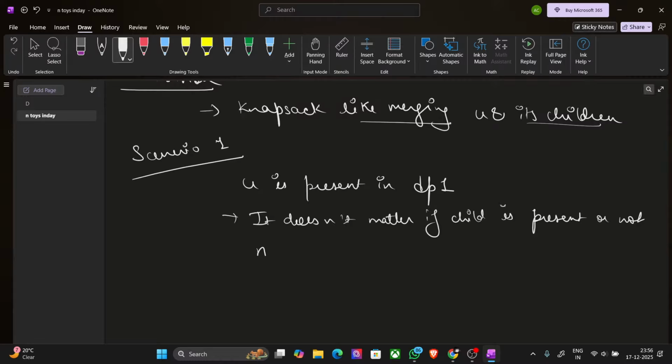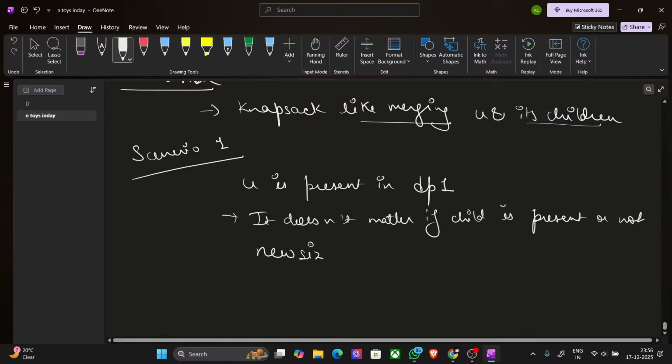So my new size will be old size plus child subtree size. Correct. So this is my scenario 1.